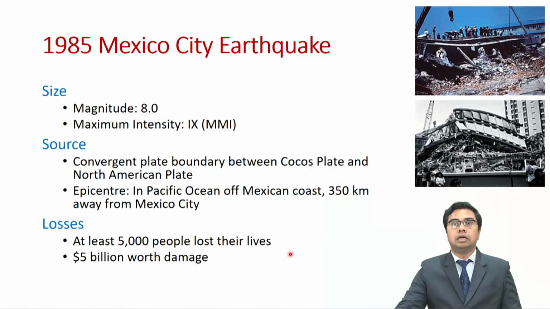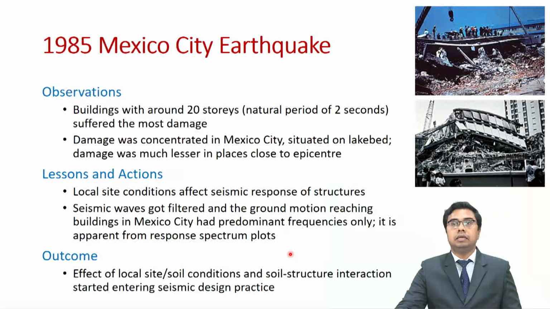During this earthquake, the observation was made that buildings with around 20 stories, which had a natural period of roughly 2 seconds, suffered the most damage, while other buildings with lesser height remained intact. These buildings collapsed.